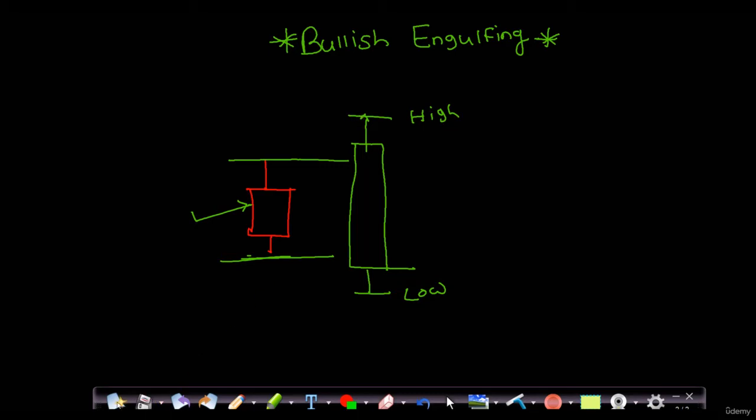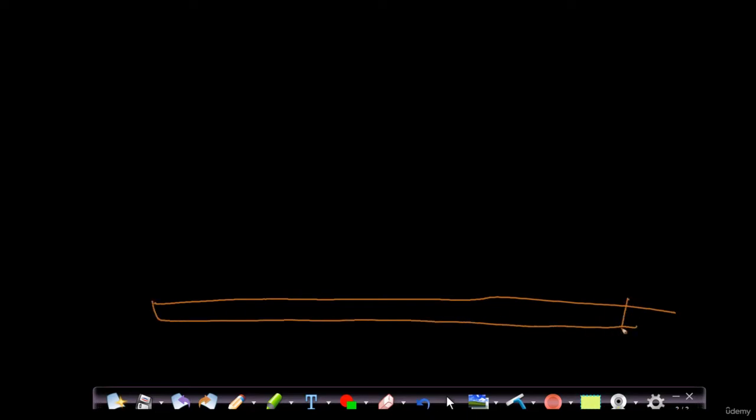It will work very smoothly if we find this bullish engulfing in the support area. Suppose this one is the support area, and I can mark it here. Support area is nothing but where the market is falling.